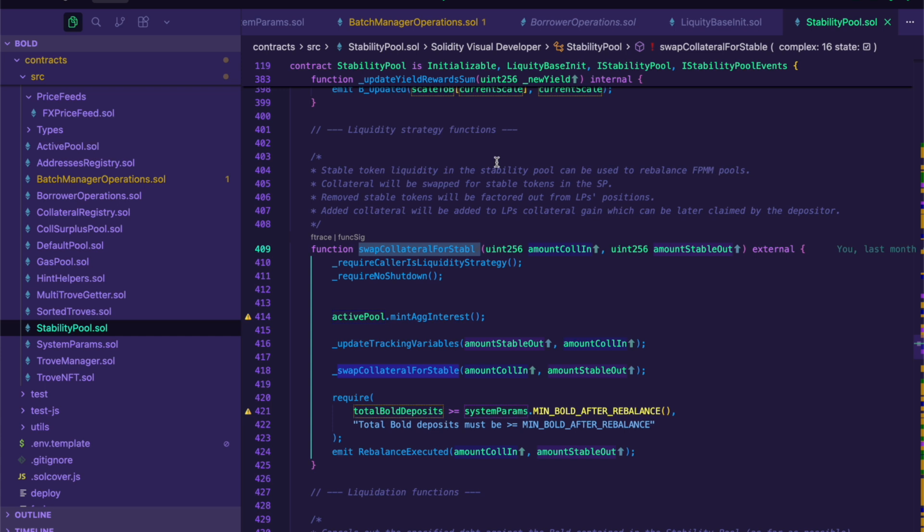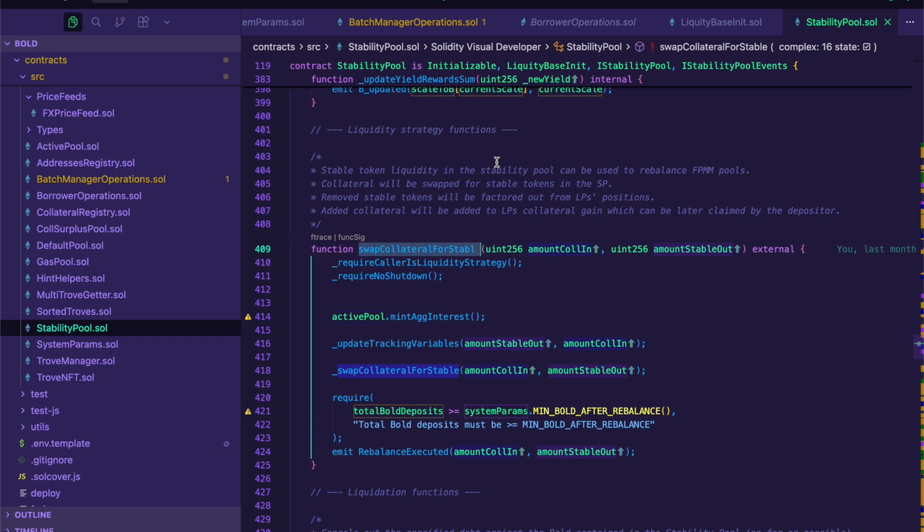So when liquidity strategies need to rebalance a pool, they need access to some liquidity. In this case, we use the stable token liquidity inside the stability pool as a source of liquidity for those rebalances. How it works is very similar to liquidations.